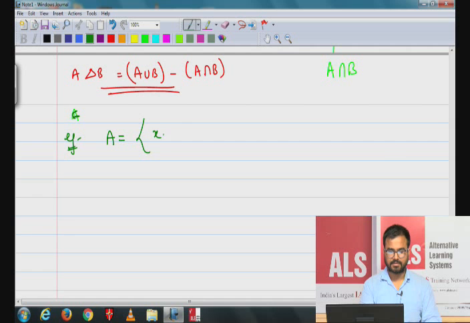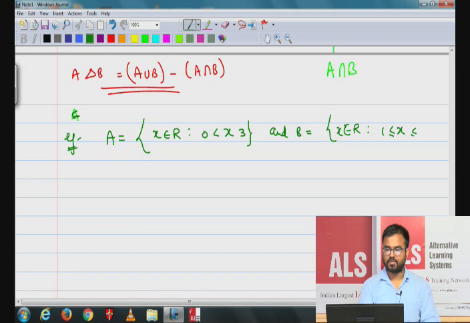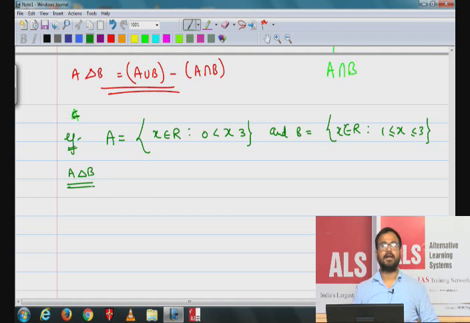If A is the set of all x belonging to R such that x belongs to 0 to 3, and B is the set of all x belonging to R such that x belongs to 1 to 3, then we have to figure out the symmetric difference of A and B, A delta B. First we have to figure out A minus B, and then B minus A, and then add both of them.